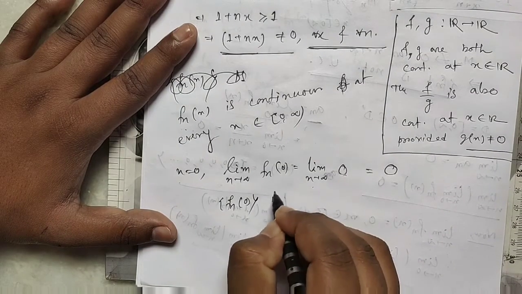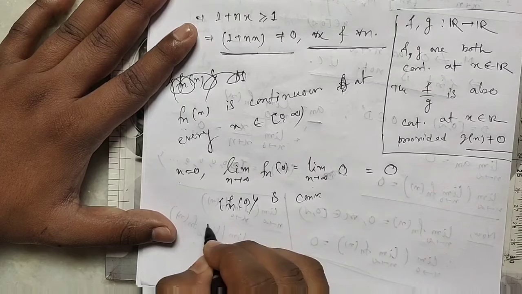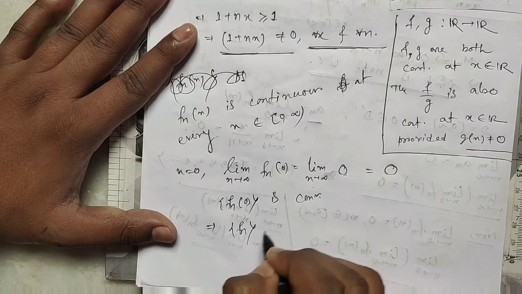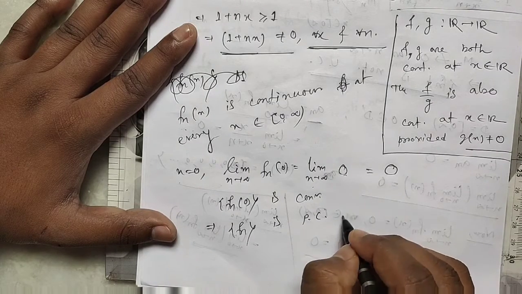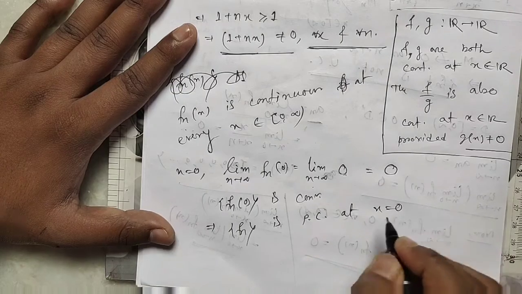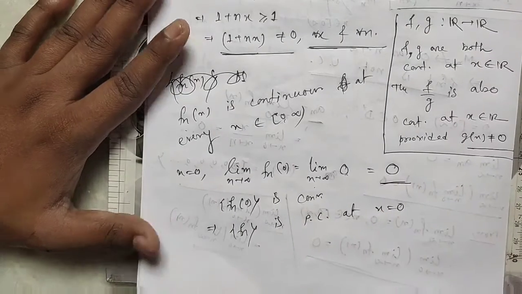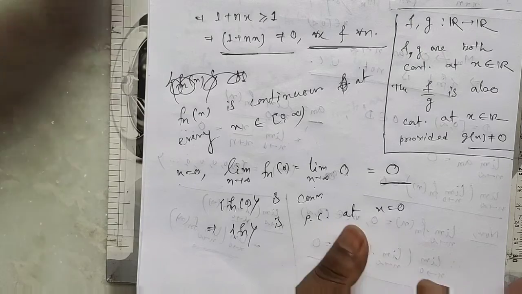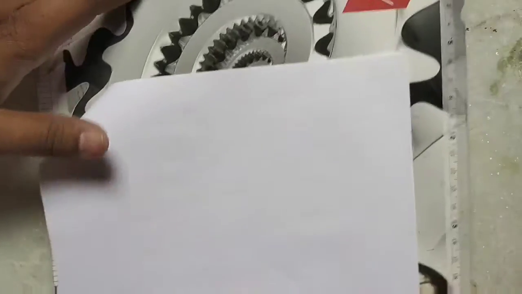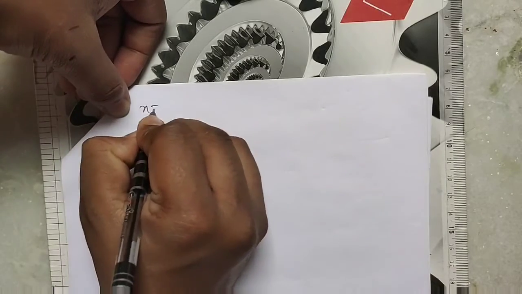Therefore, the real sequence is convergent. This implies the sequence of functions is pointwise convergent at x equal to 0, and the limit function is 0. Now for x not equal to 0, what is our limit function?